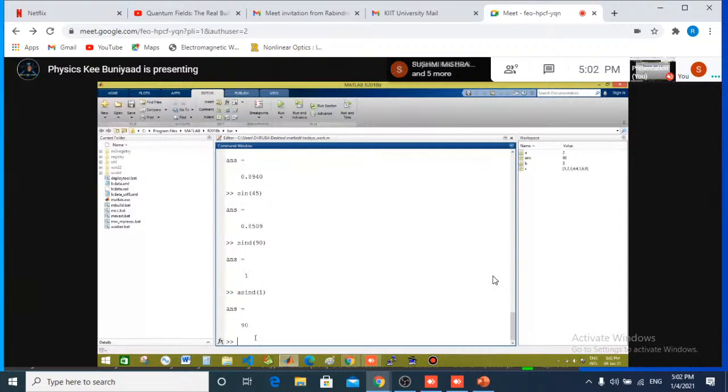If I calculate the square of this number, it will give you the same. You can type exp of 2, otherwise you can write the value of e and take the square. You will get the same result. It is always difficult to remember the value of e, therefore you can always write exp. That is a better way.